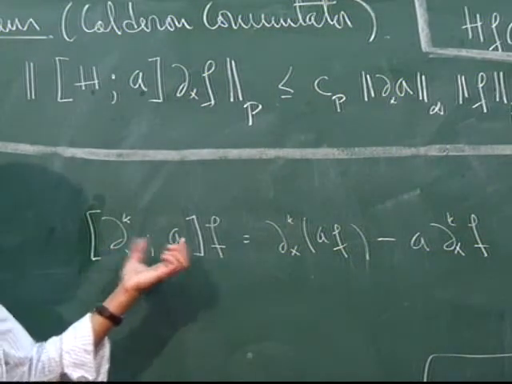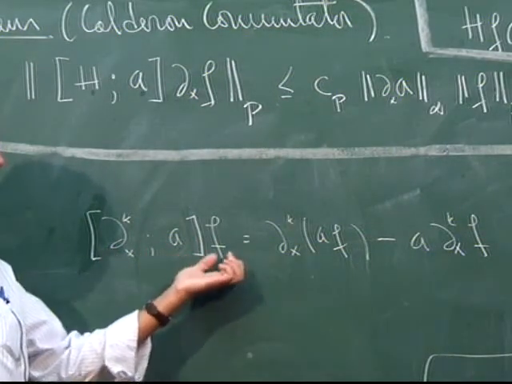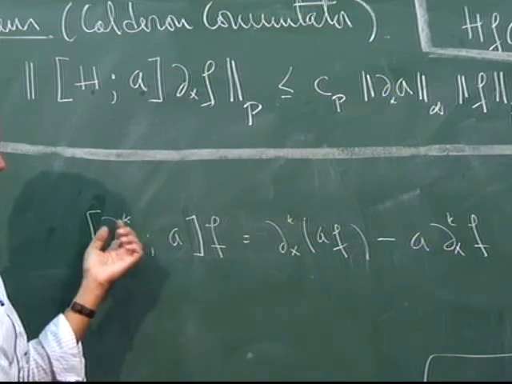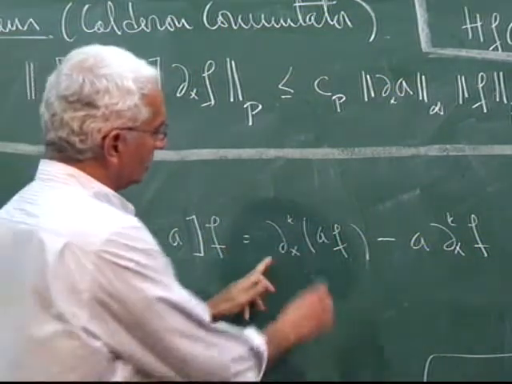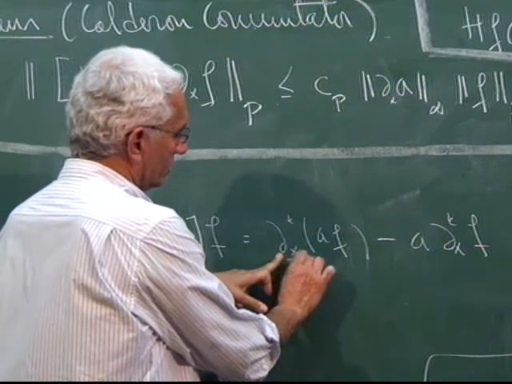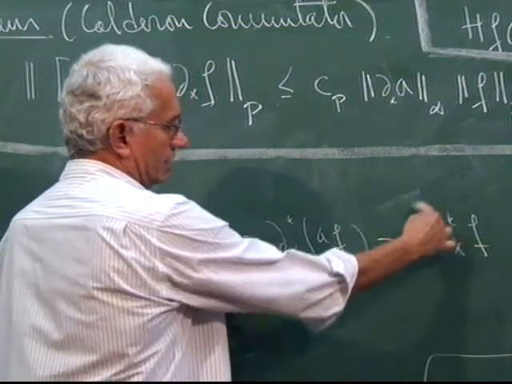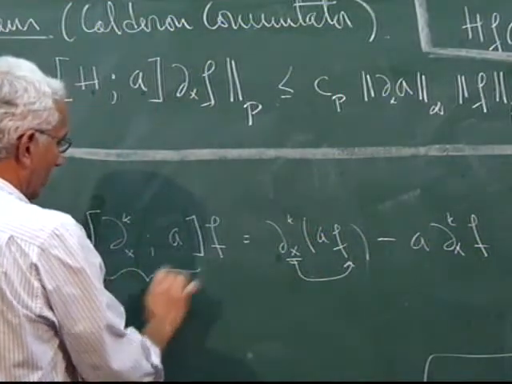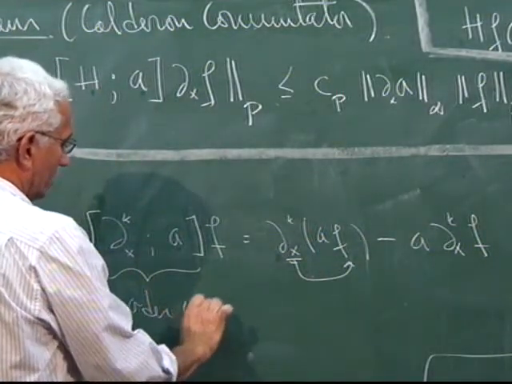As an operator in f, what is the largest derivative that appears? When you take the Leibniz rule, when the derivative hits A, that is exactly this term. All the others form an operator of order k minus 1 in f.